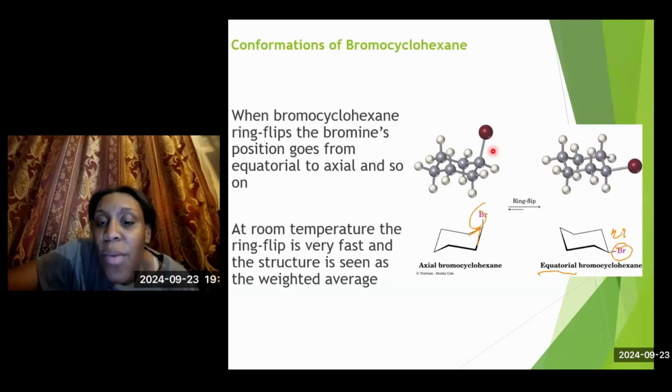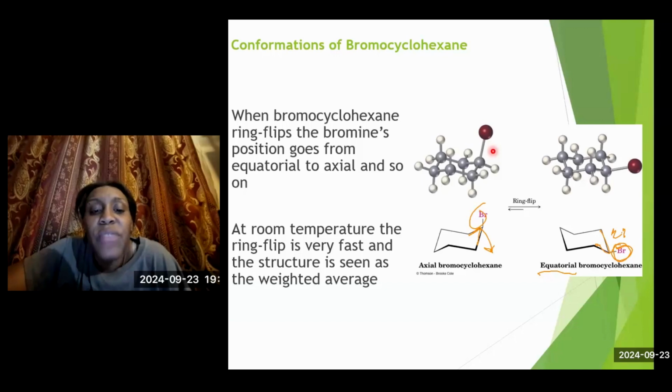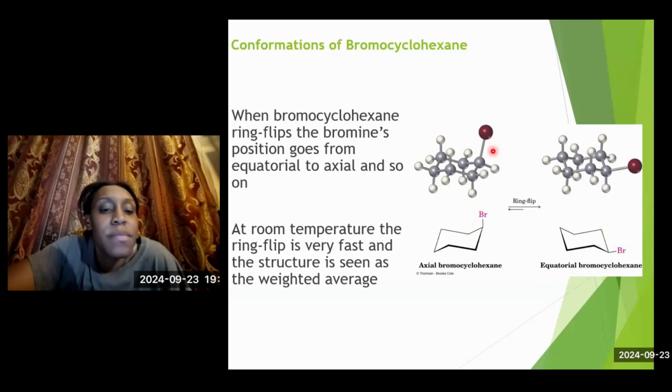So this angle gets pushed down, and so now it's down like this, and the bromine moves to the other position, the other conformation. Now, at room temperature, the ring flip is very fast and the structure is seen as a weighted average. Okay, it's a weighted average.